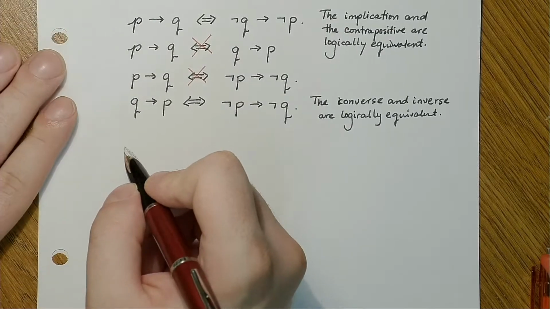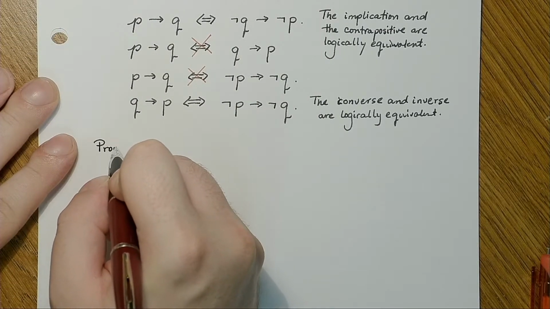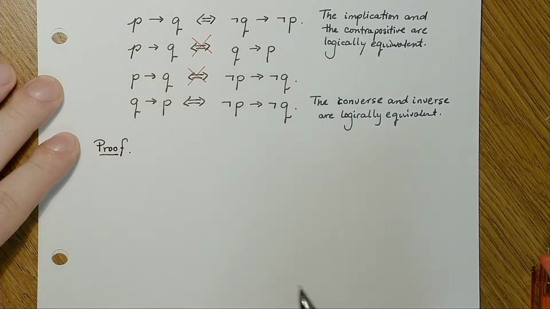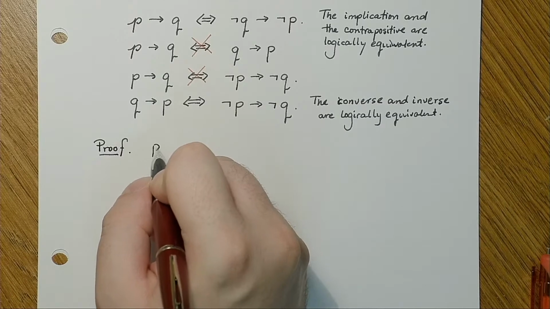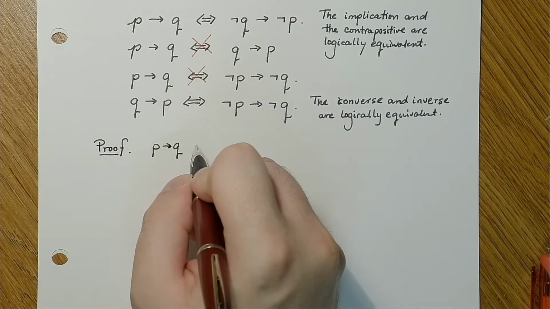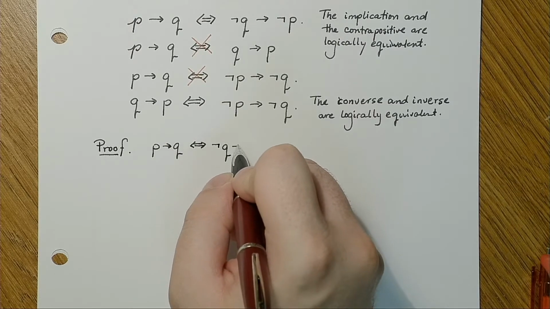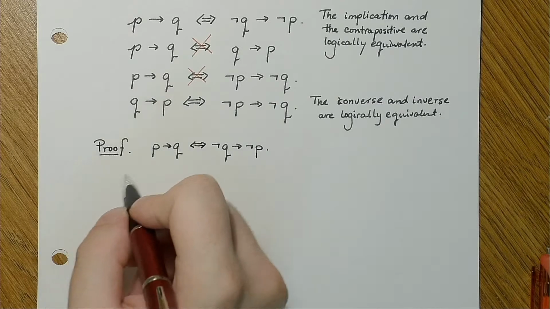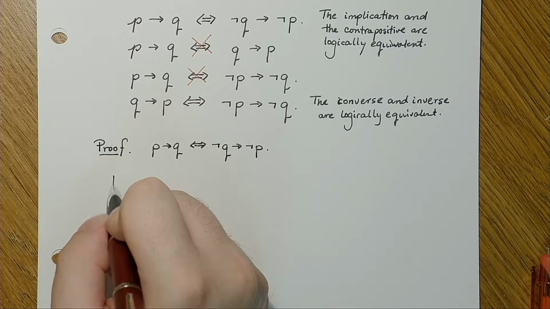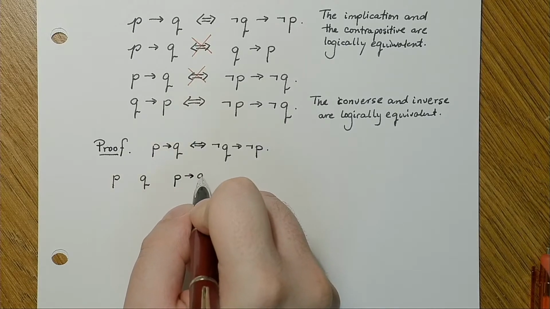So some people start to get worried about proofs, but this is really what we're doing. So let's be adults, call it what it is. It's a proof. So we'll just create these tables.